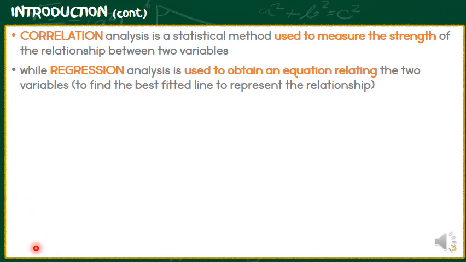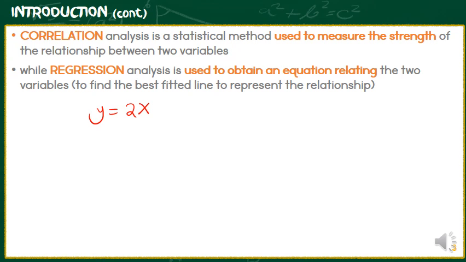So, tadi awak kata number of cigarette smoke dengan level of nicotine ada relationship. Ada positive relationship. Increase. So, relationship tu macam mana? Relationship tu contoh, saya bagi Y sama dengan 2X.